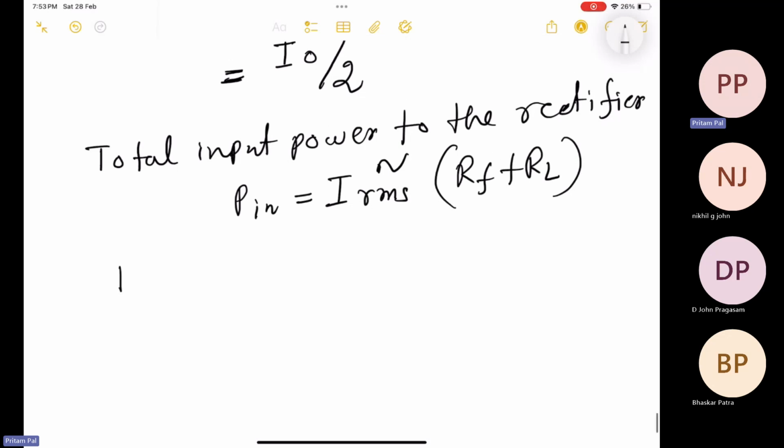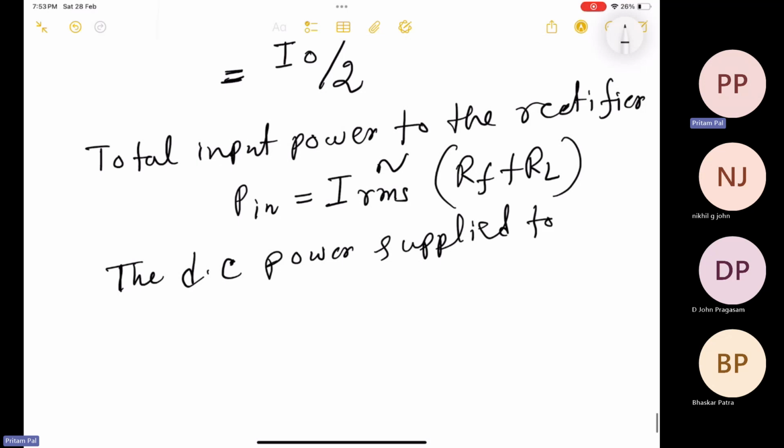Now the total DC power, only the DC power supplied to the load, not to the rectifier, only to the load, PDC, is IDC square RL.